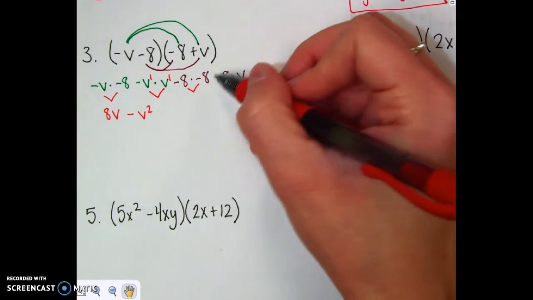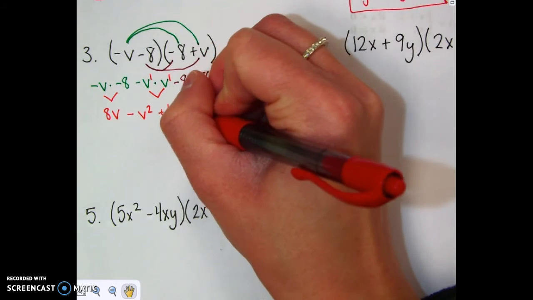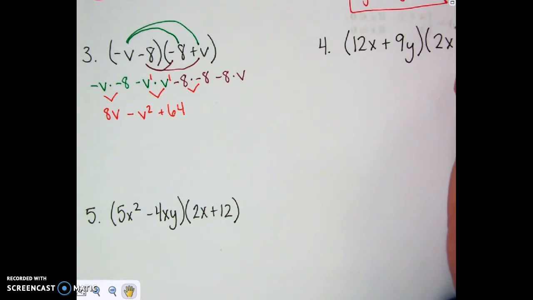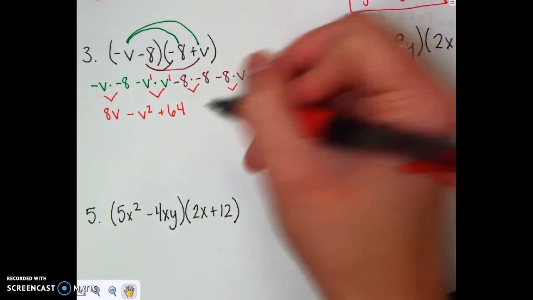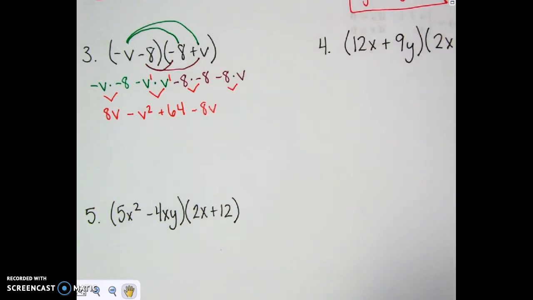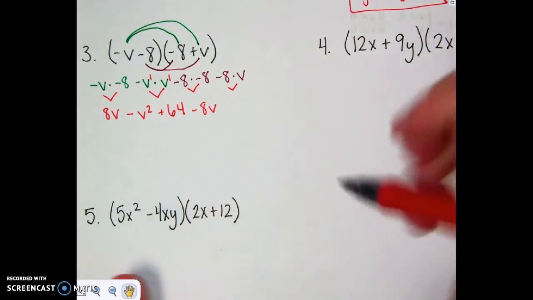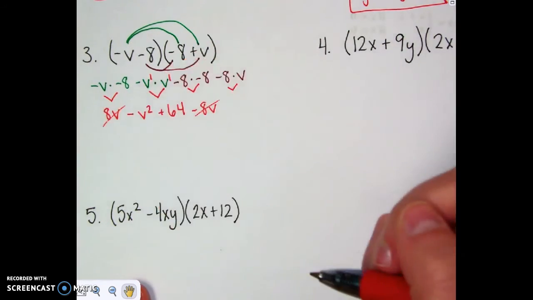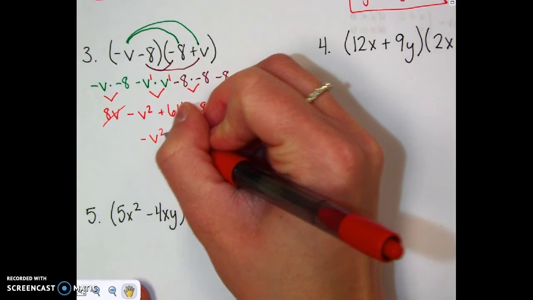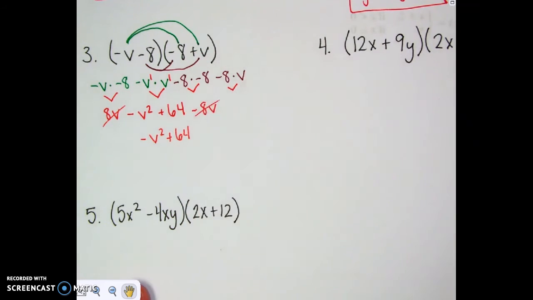These two right here, negative 8 times negative 8, that's a positive 64. And negative 8 times v is negative 8v. Okay, these are my two like terms. 8v minus 8v, that's 0, so those are gone. So my actual answer is negative v squared plus 64.